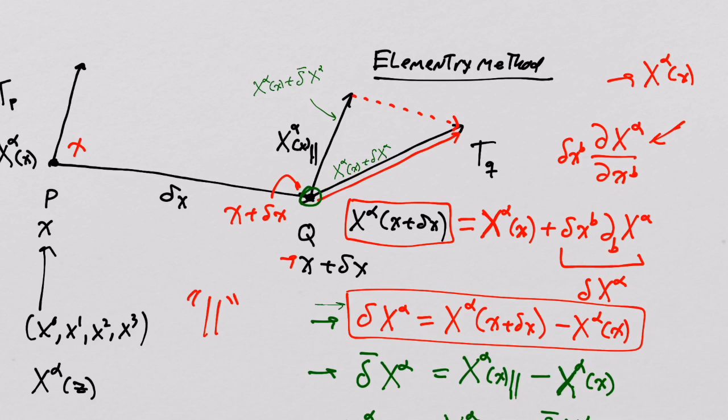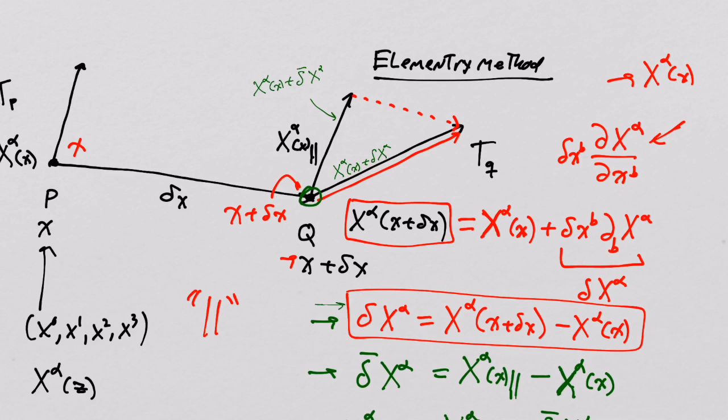What is parallel? Once we have that, we have the ability to find out the difference between the two, because we can subtract this from this, right? And usually that is the order.